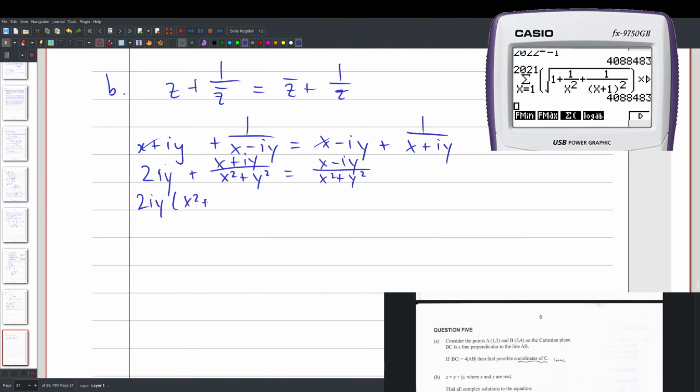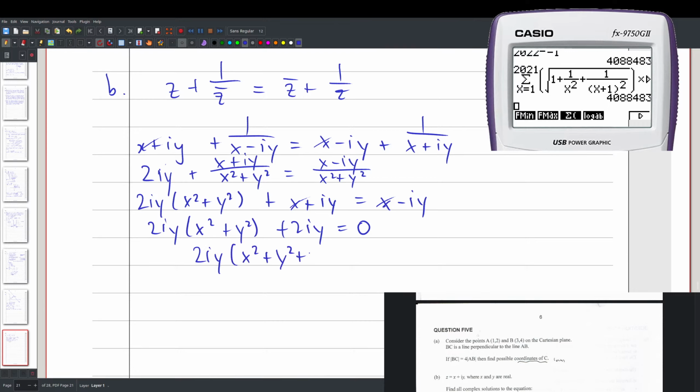So 2IY times (X squared plus Y squared) plus X plus IY equals X minus IY. 2IY times (X squared plus Y squared) plus 2IY equals 0. 2IY times (X squared plus Y squared plus 1) equals 0. So either X squared plus Y squared equals negative 1, not possible, or Y equals 0. Does that seem reasonable?